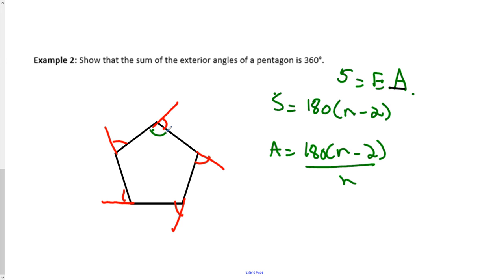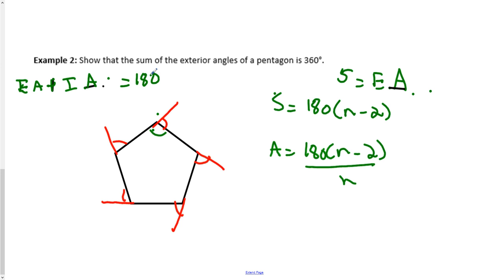Now what's nice about this, if I extend all these lines, the angle of any straight line is 180 degrees. So I know that my exterior angle plus my interior angle is going to equal 180 degrees.